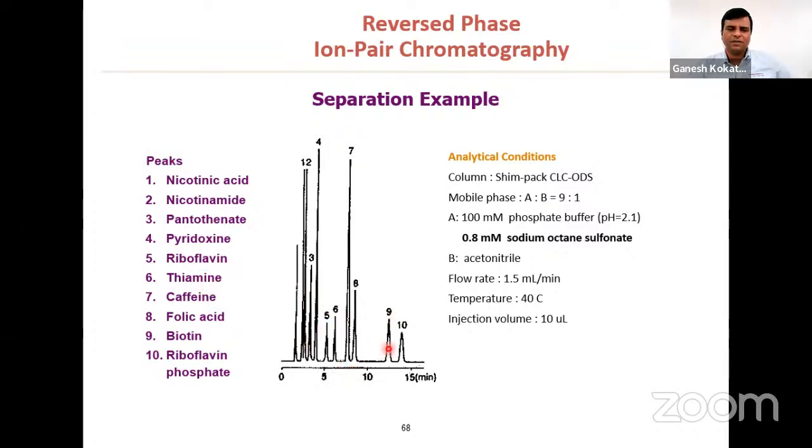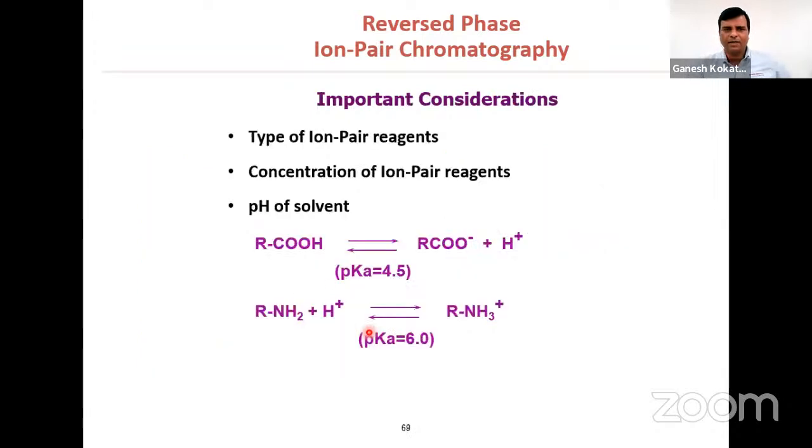For that purpose, I'm using sodium octane sulfonate as an ion pairing reagent, which will help me resolve each component in a slow manner. But it has some advantages and also some disadvantages. So this is what ion pairing chromatography is all about.